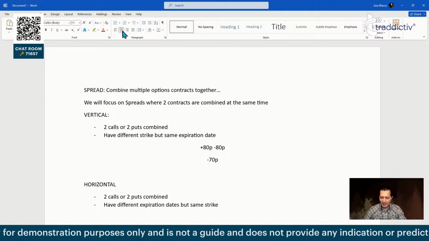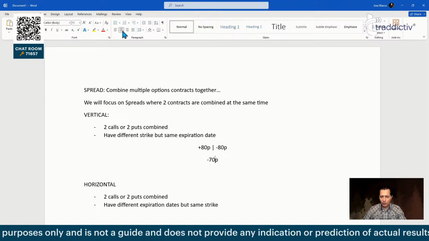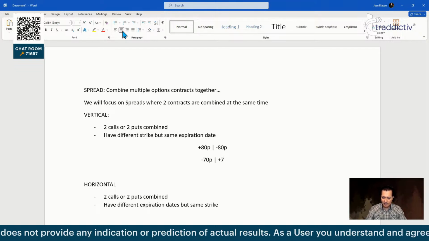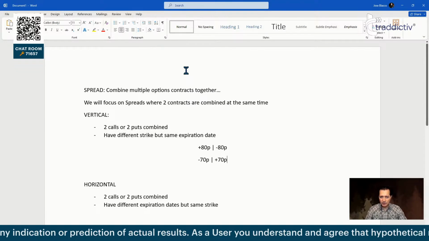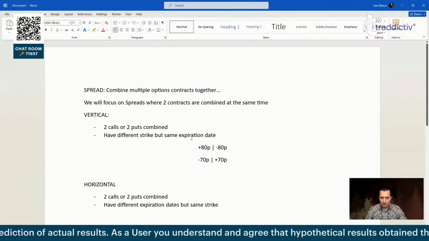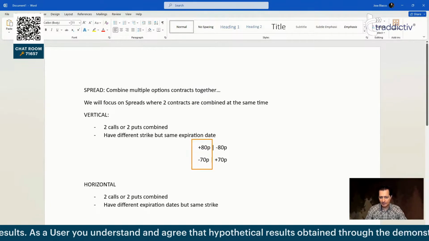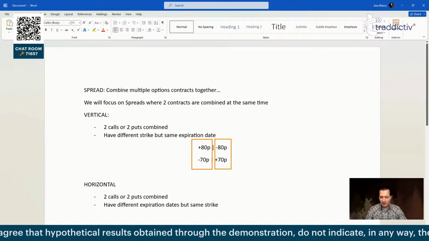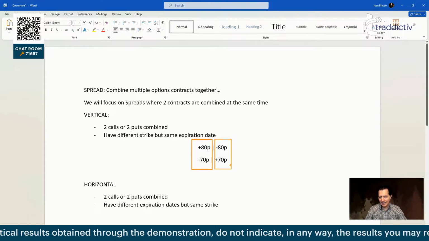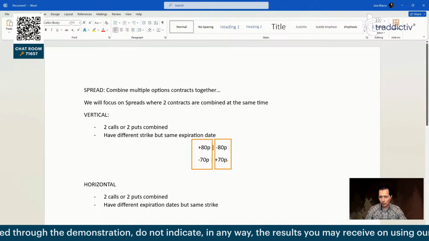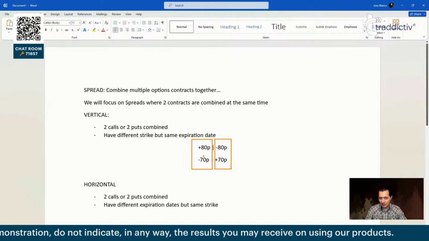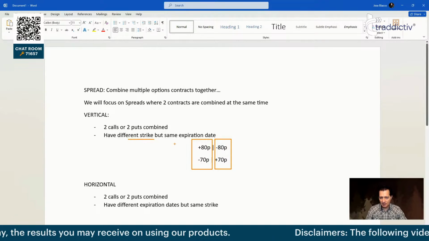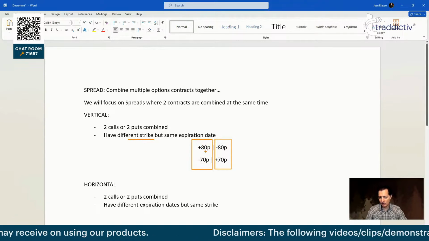Okay, so that would be a different case where you could sell the 80 put and buy the 70 put. Okay, so case number one, you buy the 80 and you sell the 70. Case number two, you sell the 80 and you buy the 70. In this case, it's all puts. You will be using the same expiration date, but we are using different strikes.